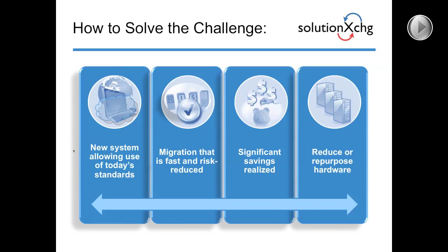That migration has to be fast and highly risk reduced, has to be proven many times, and has to be extremely safe, because after all, you're dealing with important data and documents that legally have to be preserved for your organization for different rules and regulation purposes. How can I save? How can I bring down the cost for maintenance? Well, we'll take a look at that. And also, how can I reduce or repurpose the hardware that I have in place today?